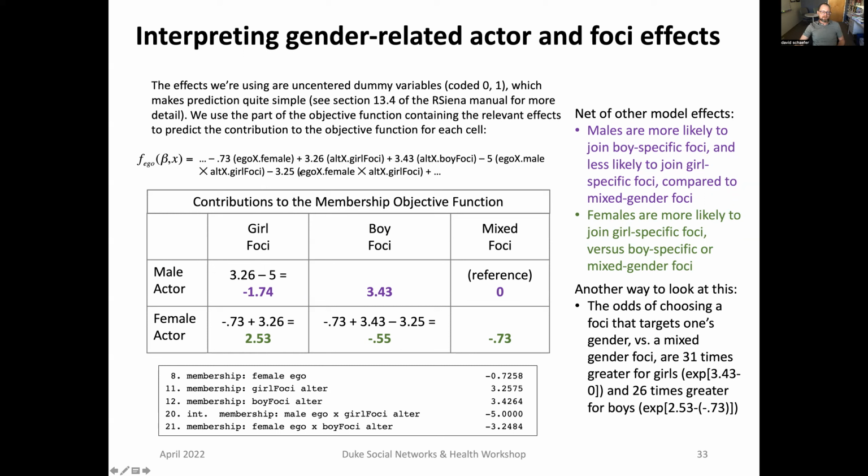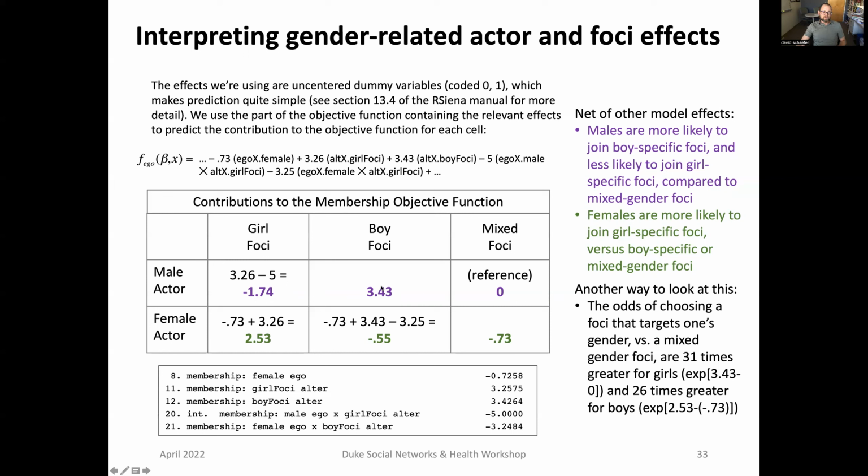And so we're making our predicted contribution for every combination of actor gender and foci gender to get these contributions. Okay, and then we can look across. Numbers that are higher are things that are more likely to occur. Numbers that are lower are less likely to occur.